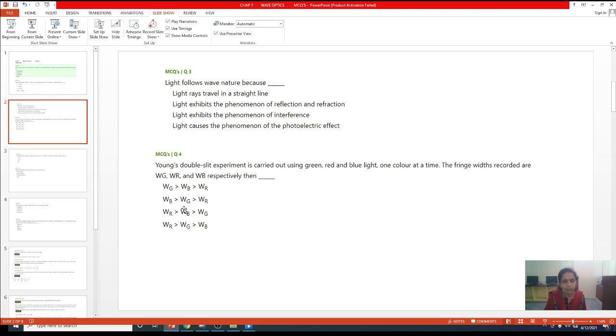Then option C is the correct option. Okay, sorry, D is the correct option. The width of the red light is greater than the width of the green light, which is greater than the width of the blue light, because the wavelength of red light is greater than the wavelength of green light, which is greater than the wavelength of the blue light.